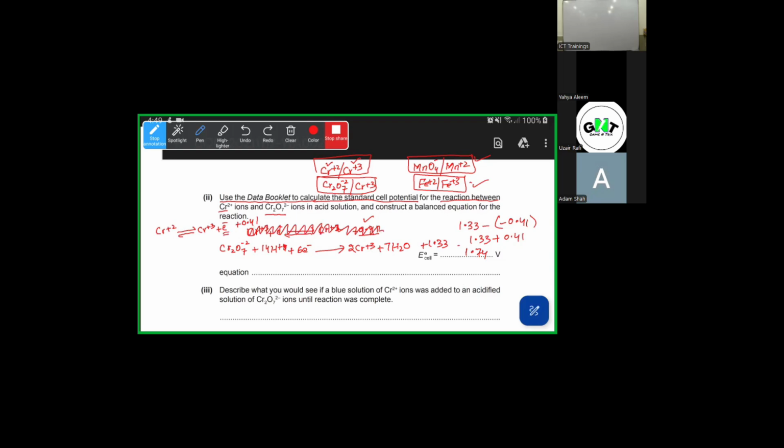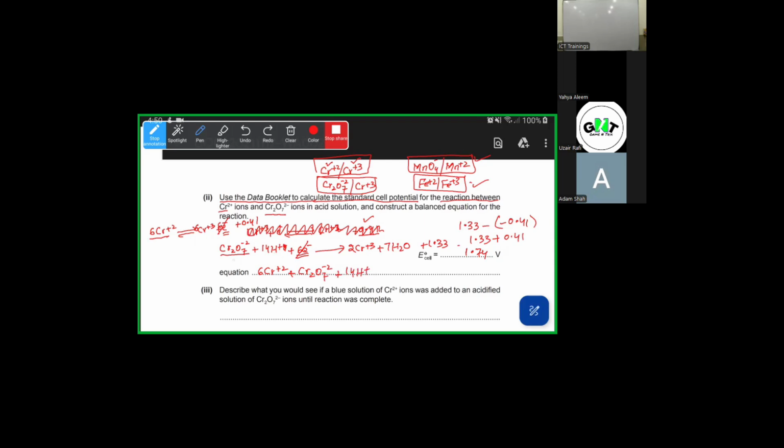Okay, and now to balance electrons, we got 1 electron and we got 6 electrons up there, so multiply this one with 6, so the 6 electrons are cancelled. Now you should write 6 Cr+2, multiplied to balance the electrons. Okay, 6 Cr+2 and then you got Cr2O7 minus 2 and then 14H positive.